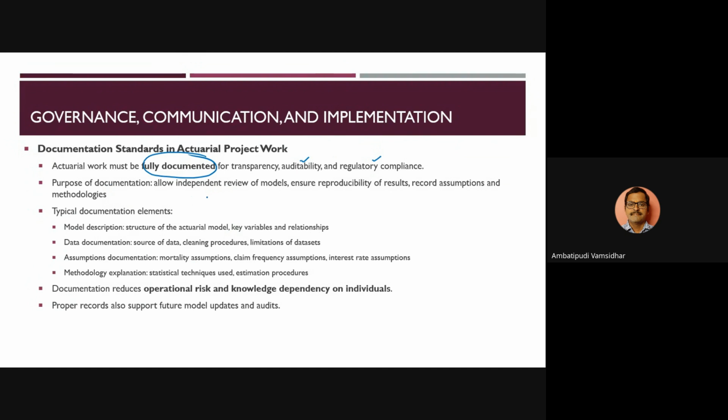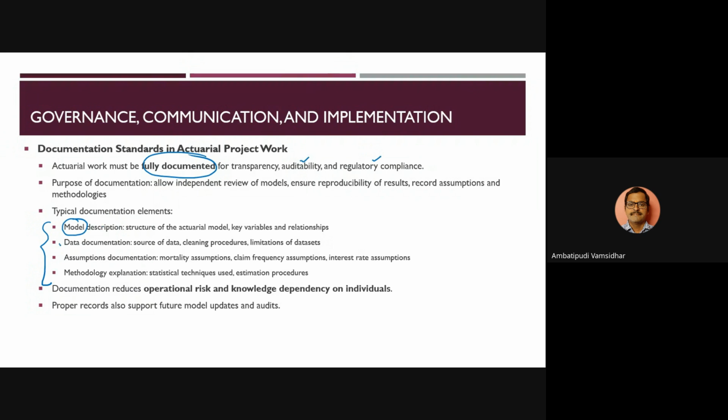And when you look at the typical elements in documentation, it is about a clear description of the model. What is the structure of it? What are the key variables involved in the model, the inputs, the outputs? What are the relationships between the different variables as a part of the model?